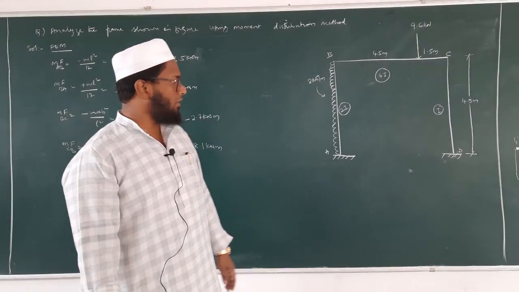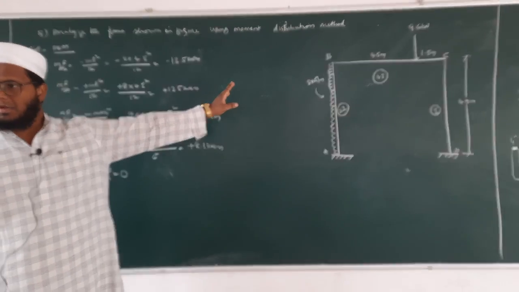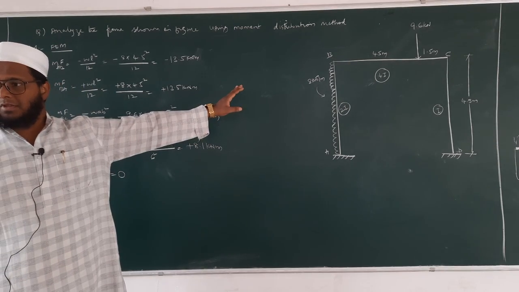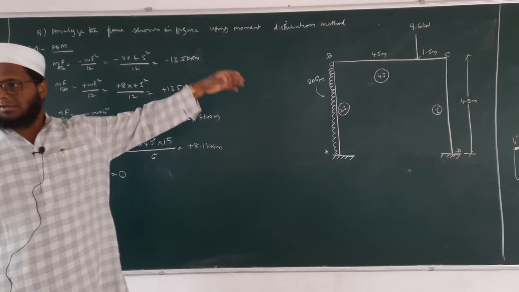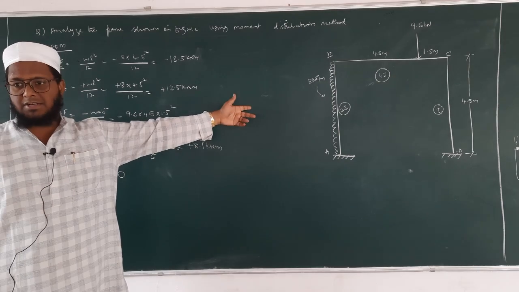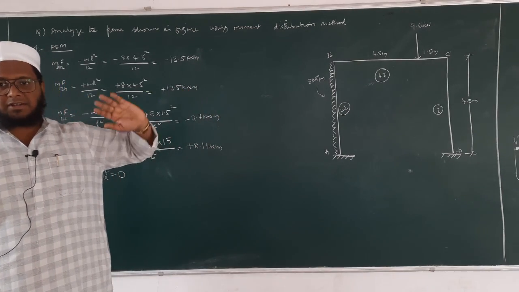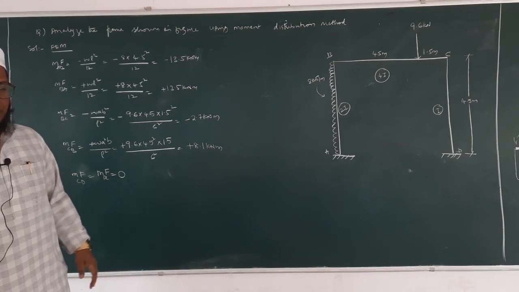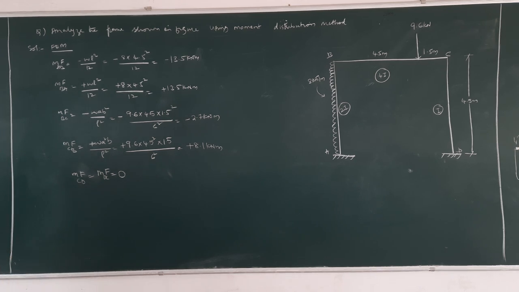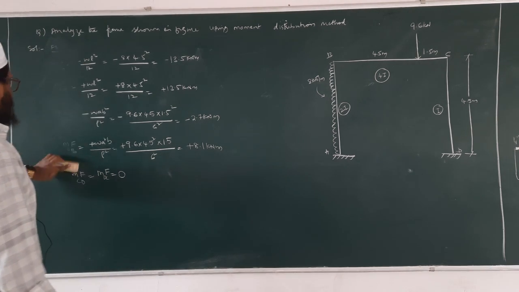So for this we have calculated now. After that we have to go with the moment distribution factor, that is, we have to calculate the distribution factor for both the joints. Copy now. What is the next step we do?